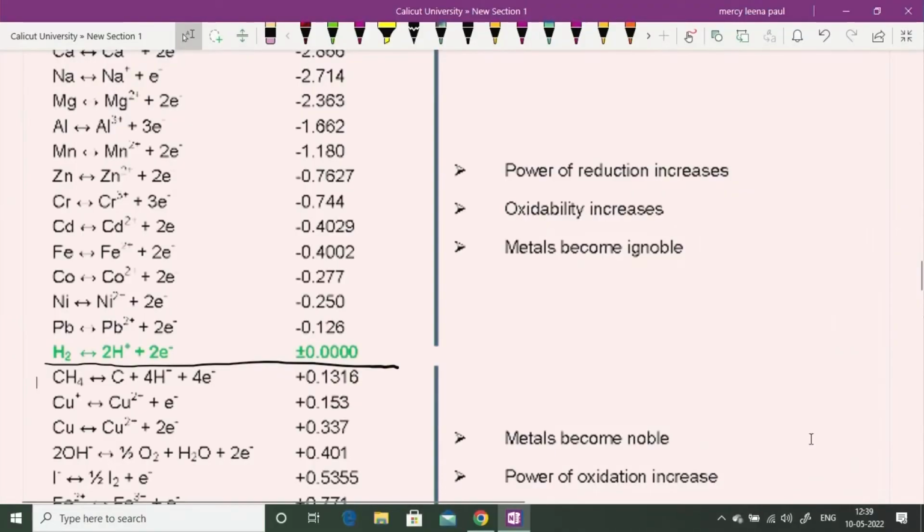Now, as we come down, you can see the reduction potentials are increasing, or you can say that an element lying below has more tendency to get reduced than an element lying above it. So, you can take any pair, and say when these two are combined, which will oxidize and which will be reduced.